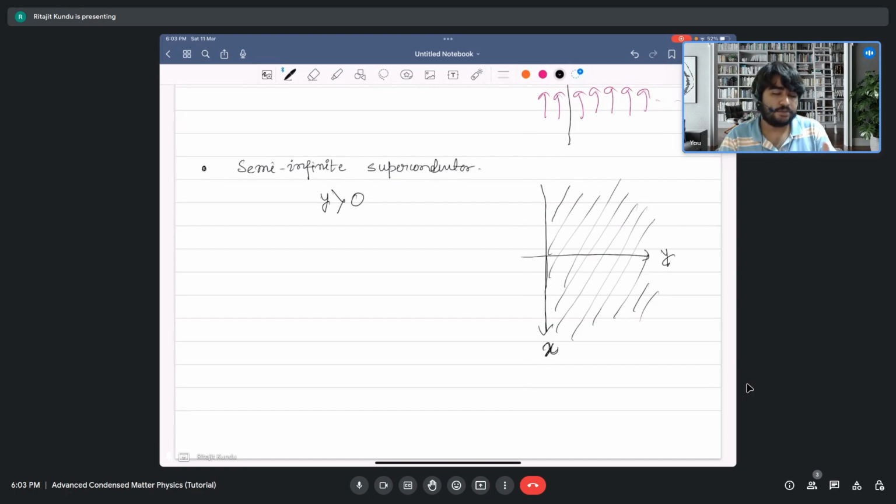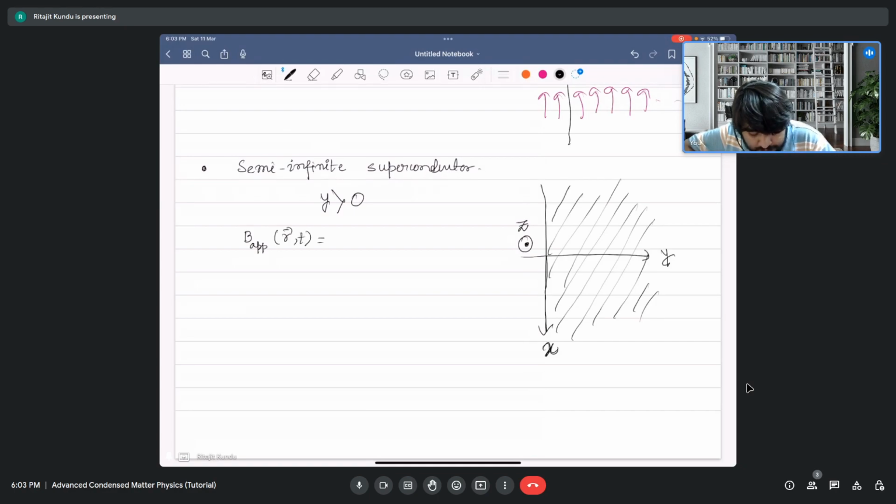I am using a right-handed coordinate system, so this is x, y, and z is coming outward of the page. So this is how the superconductor is oriented. What I am doing is applying a magnetic field, let's call it B applied.